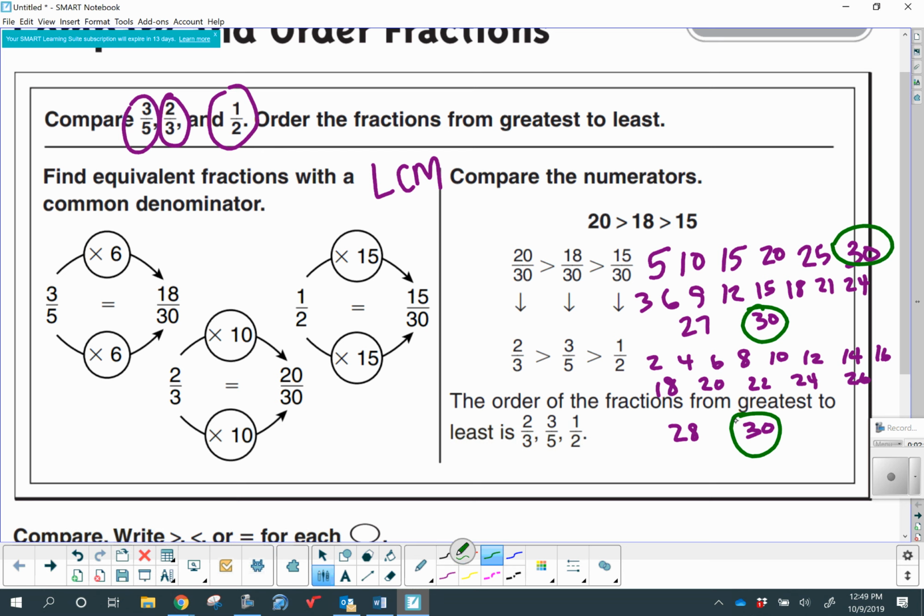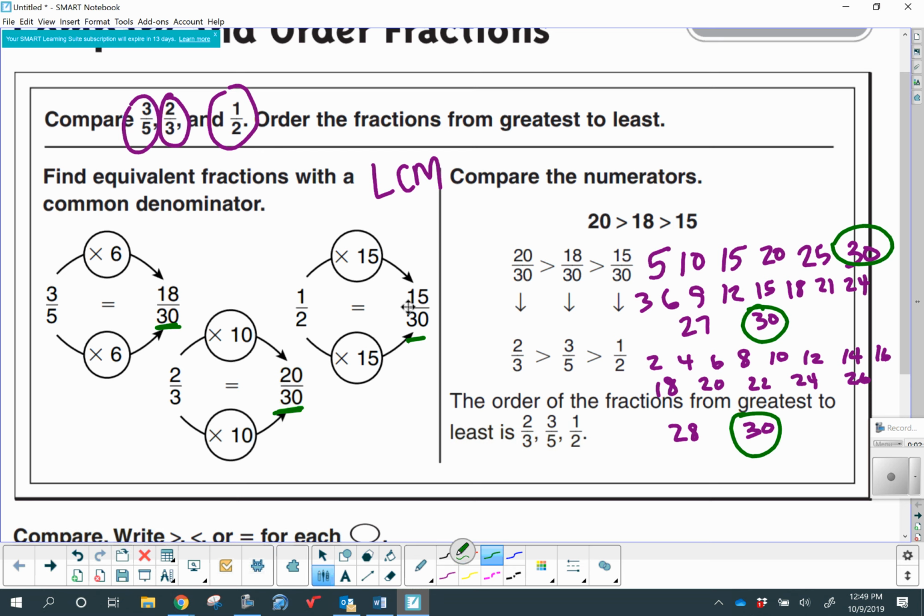So then you are going to set each fraction to 30ths. So you can see here 3/5 equals how many 30ths? 2/3 equals how many 30ths? 1/2 equals how many 30ths?